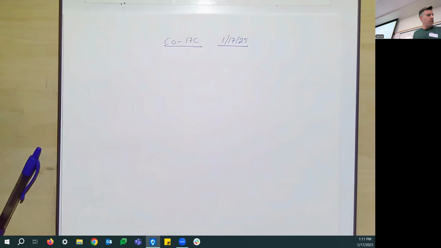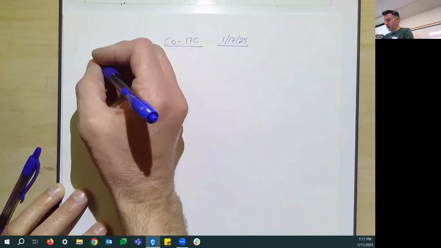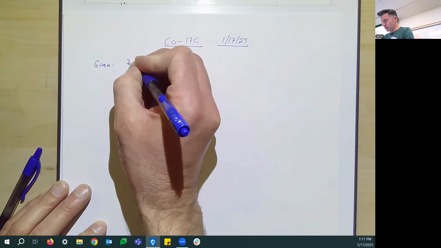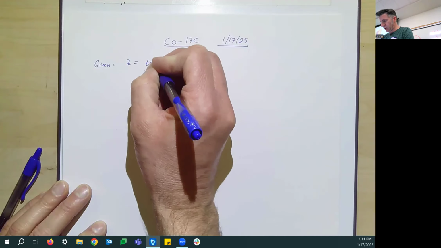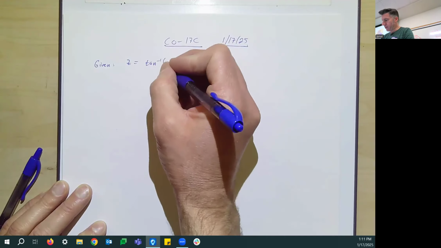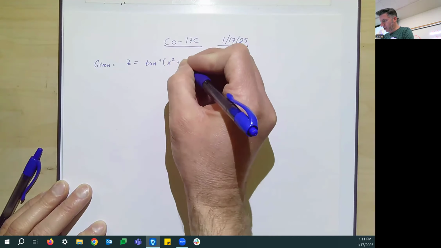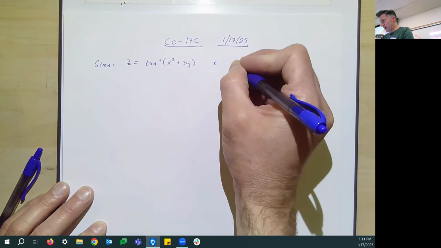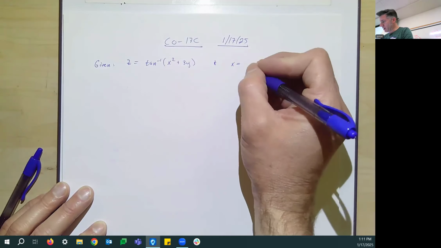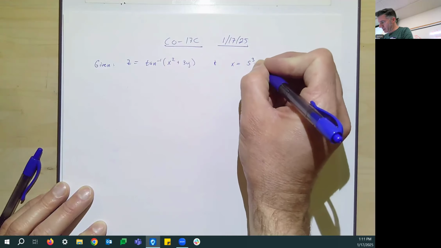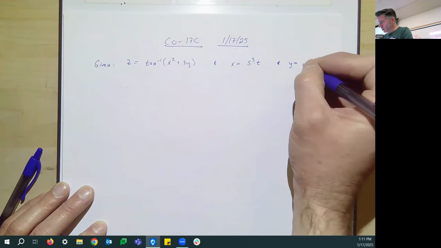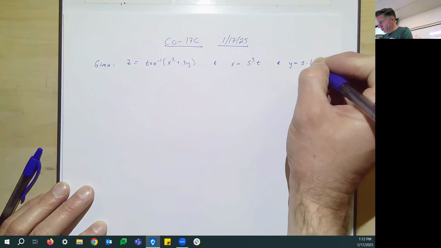So let's look at this example. Let's say we're given that z is equal to the inverse tangent of x squared plus 3y, and x is equal to s cubed times t, and y is equal to s times the natural log of t.